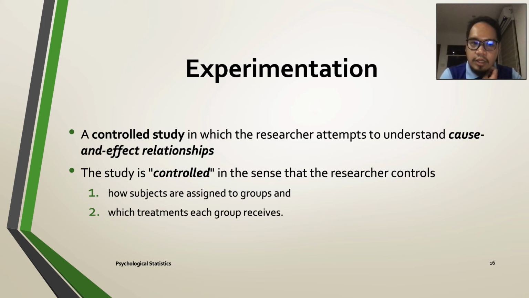That's why we have quasi-experimental research design or true experimental research design. It is controlled by assigning groups and what treatments to assign for each group. That's why we have a control group and an experimental group, but we are the ones who control that.